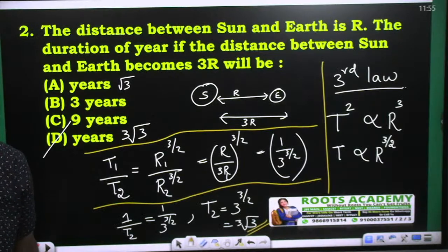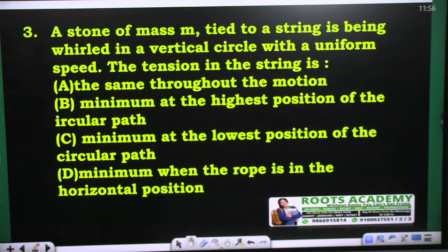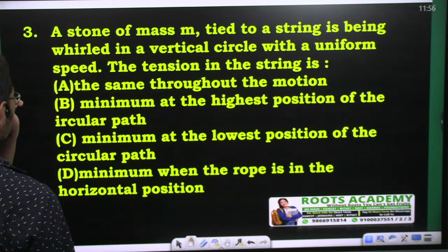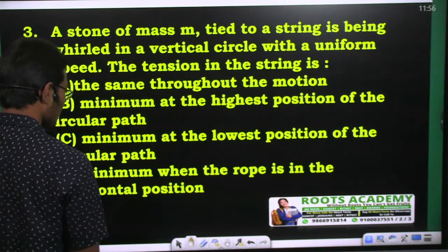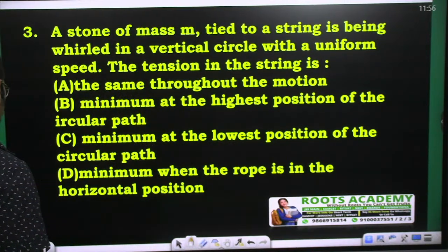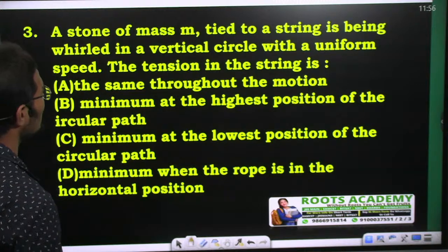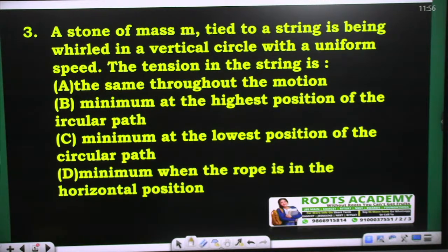So now let's look at the third question. A stone of mass m is tied to a string and is being whirled in a vertical circle with a uniform speed.